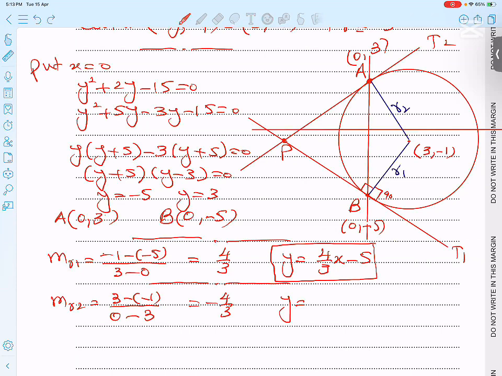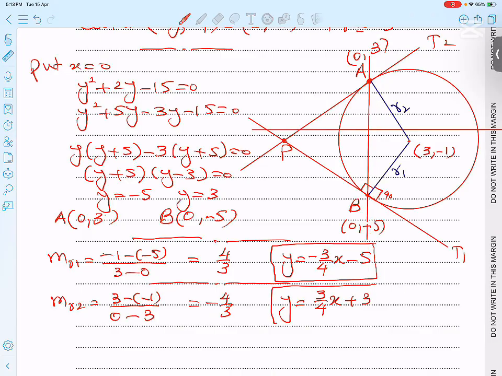The logic is very clear: because they are at 90 degrees, it is a negative reciprocal. So I have to flip also. So 4/3 will become -3/4, and this -4/3 will become +3/4. Look here, this is -4/3, so this becomes +3/4. And the y-intercept is 3 for sure.